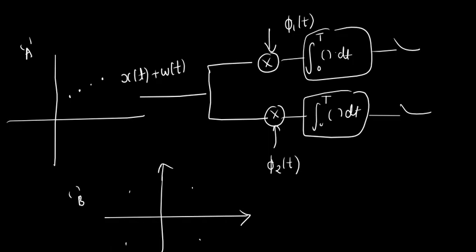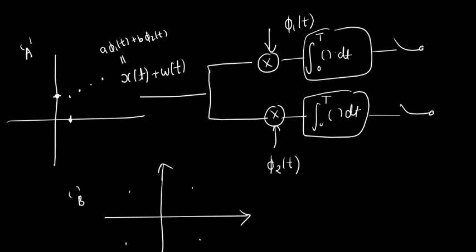So tell me, if there was no noise, x t was A phi 1 t plus B phi 2 t, where A and B will be decided on the basis of the stream 00 01 10 11. So at the output of these two branches you will get this and this, yes or no?